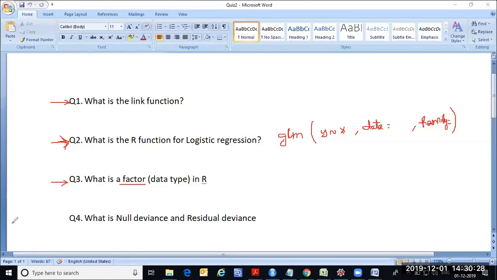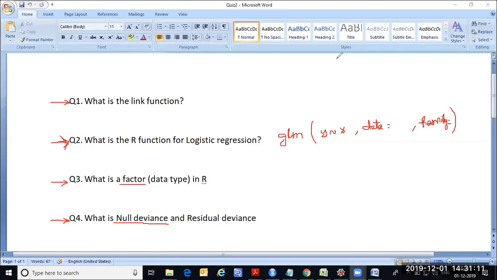Okay. What is null deviance and residual deviance? Online folks, can anybody answer?